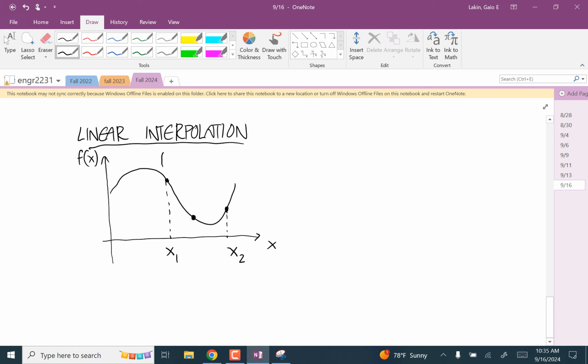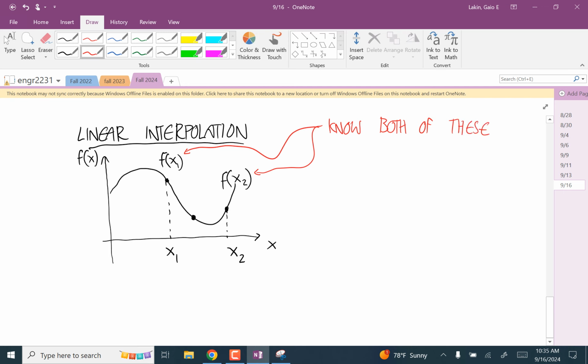We know f of x1, that's given in the table, and we know f of x2, that's given in the table. So we know both of these, and we want to approximate this.